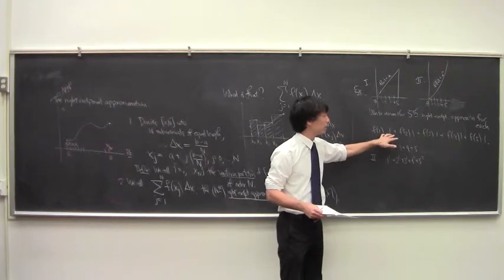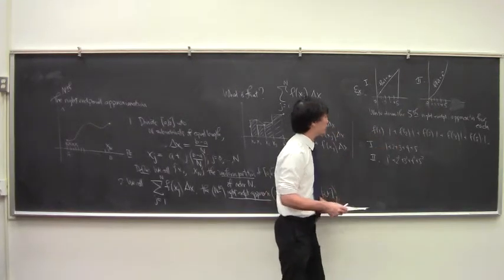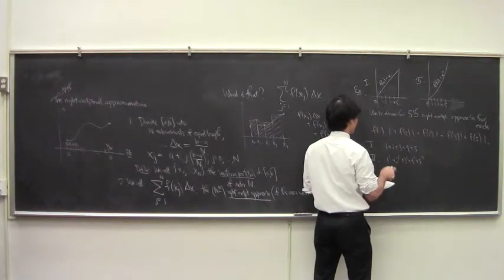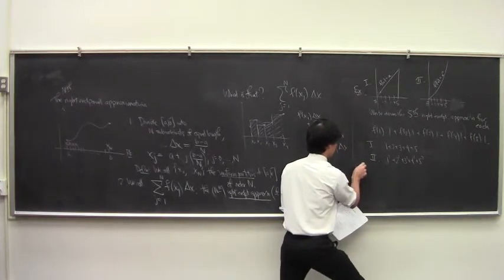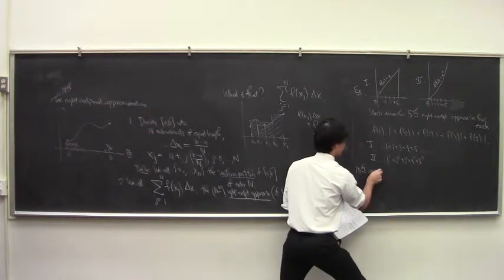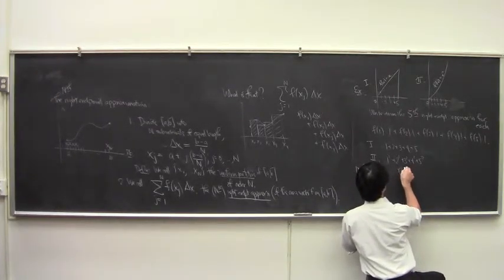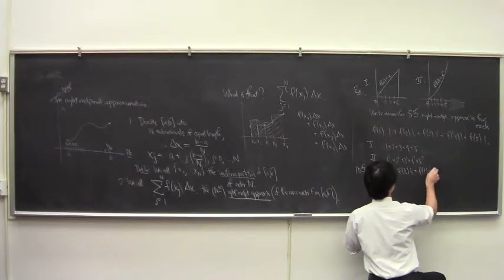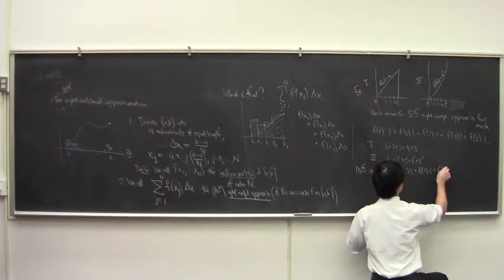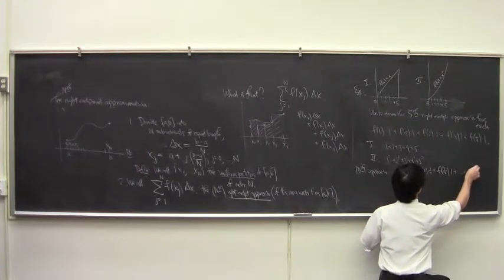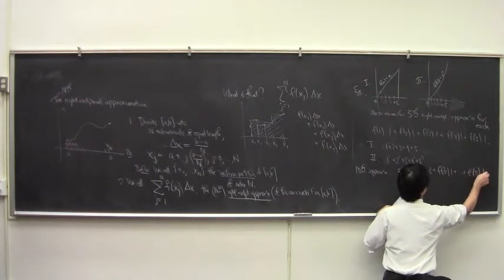If I'd said the 10th one, then you have to do this with a partition of 10. So the 10th approximation would give me f of a half times a half plus f of 1 times a half plus f of 3 halves times a half, all the way up to f of 5 times a half.